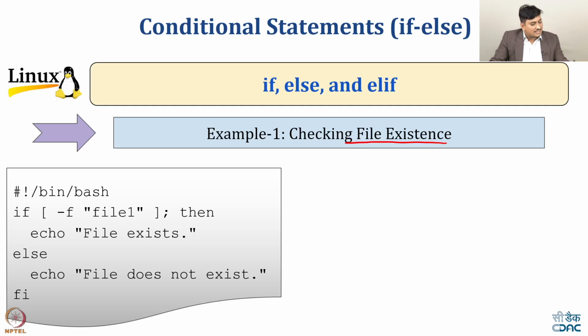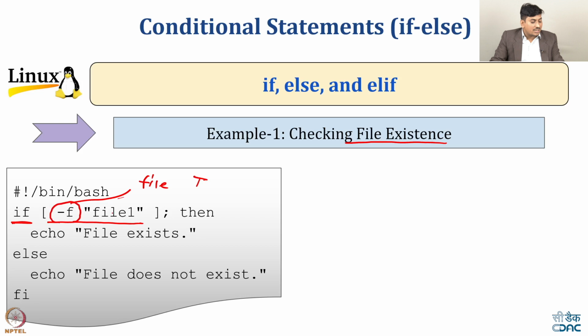Here you can see the if keyword followed by this condition, f hyphen f, which means check whether the file exists or not. If the file exists, it will be set as a binary true.